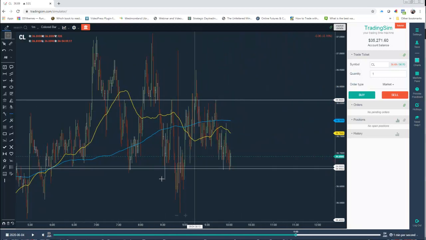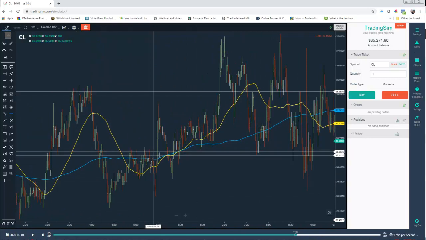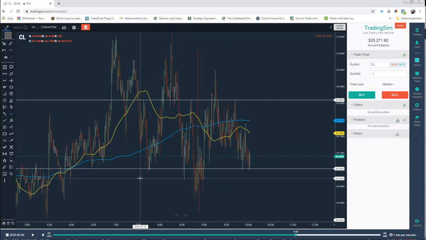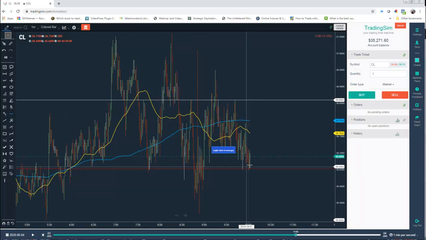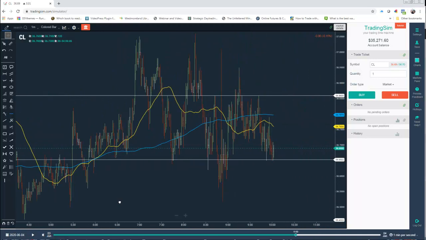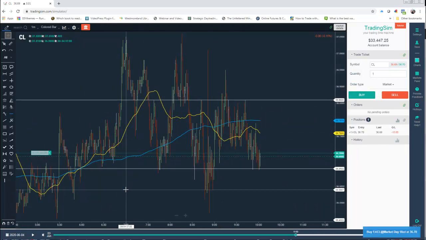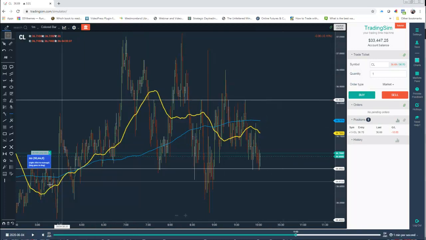I wouldn't mind being a buyer if this holds. I certainly wouldn't mind being a buyer right in here. So we're going to go ahead and buy right here. And we're going to look to see if we can bust this range up here. If it goes under, we're going to sell it.